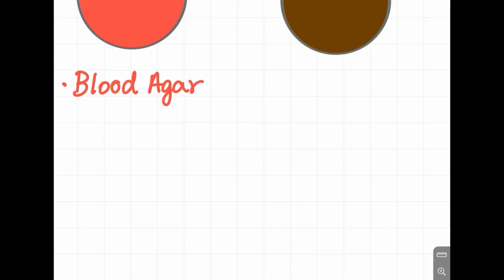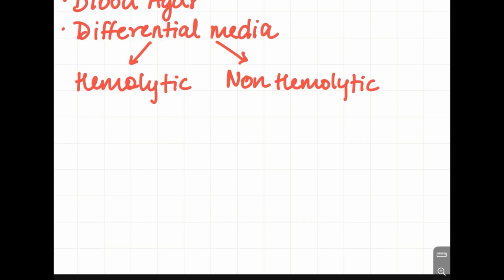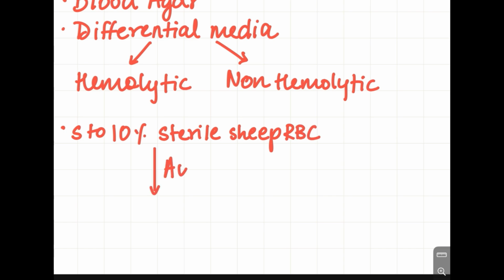Simple. Blood agar is used to distinguish between hemolytic and non-hemolytic bacteria. It contains 5 to 10% sterile sheep RBCs, and it is autoclaved at 50 degrees Celsius.